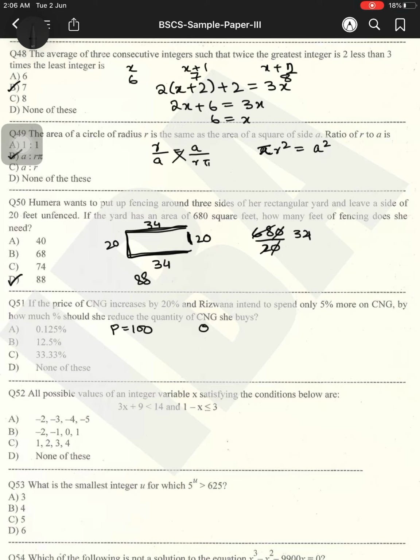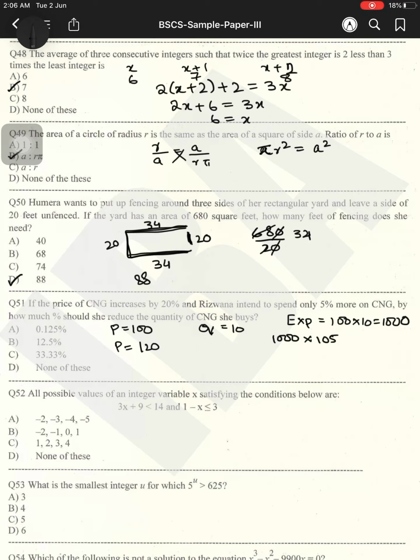In this next question, we're going to assume the price to be 100 and the quantity to be 10. So the expenditure would be 100 multiplied by 10, which is 1000. So the price increases to 120 now, and Rizwana wants to spend only 5% more on CNG.